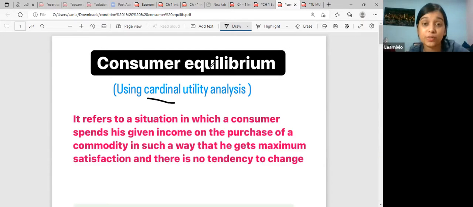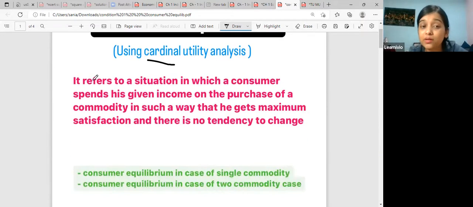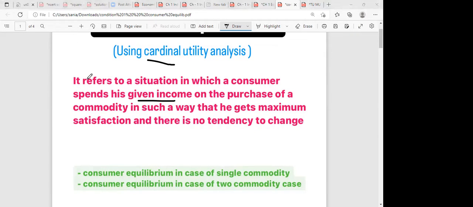So ma'am, what is consumer equilibrium, right? It refers to a situation in which a consumer spends his given income on the purchase of a commodity. Commodity is basically the product, right? In such a way that he gets maximum satisfaction and there is no tendency to change, right?